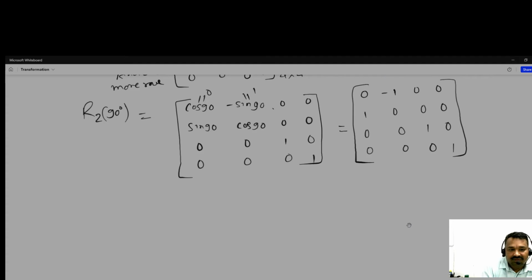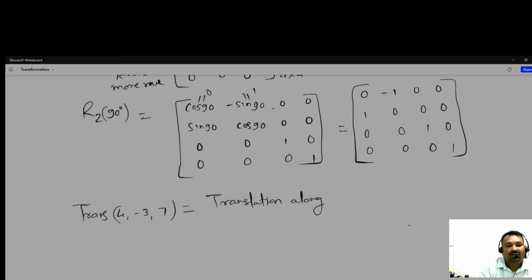The next transformation is translation, of 4, minus 3, then 7. This is translation along the x axis of 4 units, y axis of minus 3 units, and z axis of 7 units.